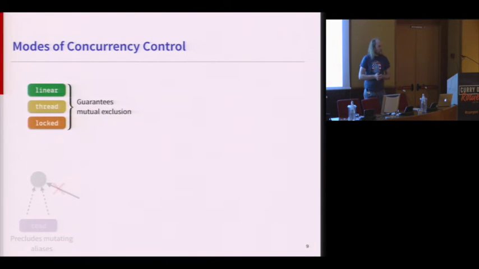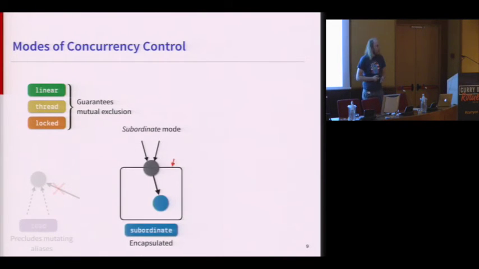With the exception of the read capability, or the read mode, the modes guarantee mutual exclusion. So if we think about this for a while, if there were objects that were only reachable via one of these capabilities, then this object should also sort of inherit the protection provided by the outer capability. And we capture this in what we call the subordinate mode.